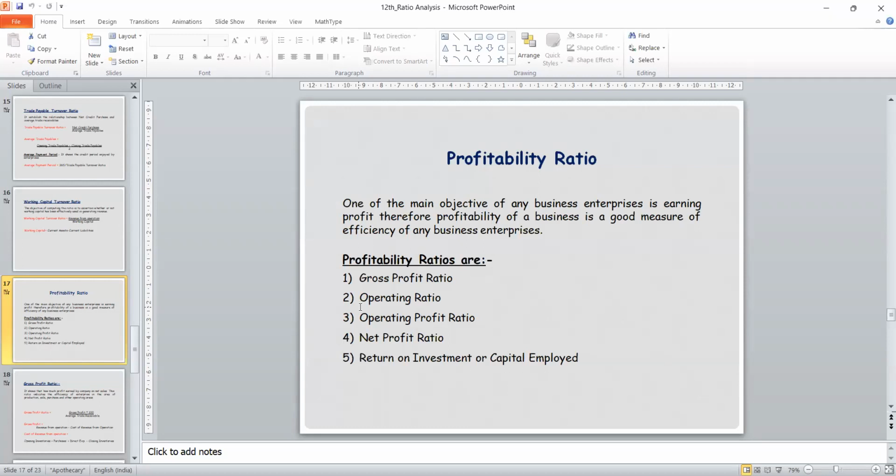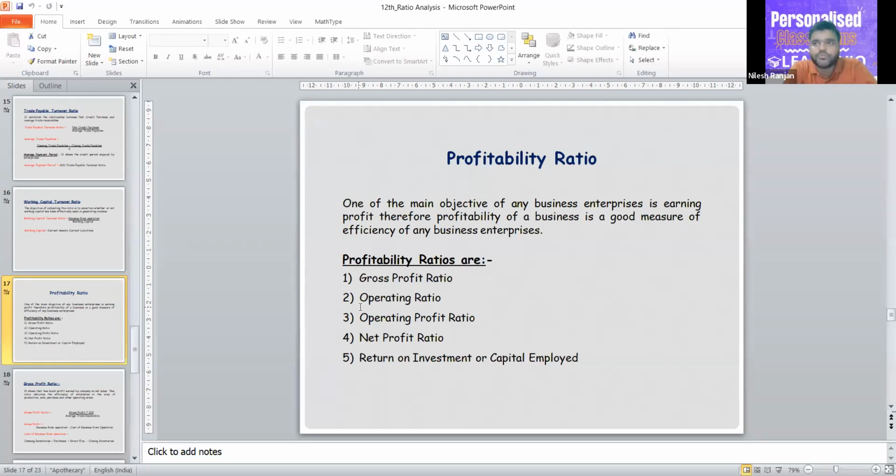Expenses are related to profit, but we cannot use them as a base in a profitability ratio, because whenever we calculate a profitability ratio on the basis of expenses, it will give you a higher percentage.